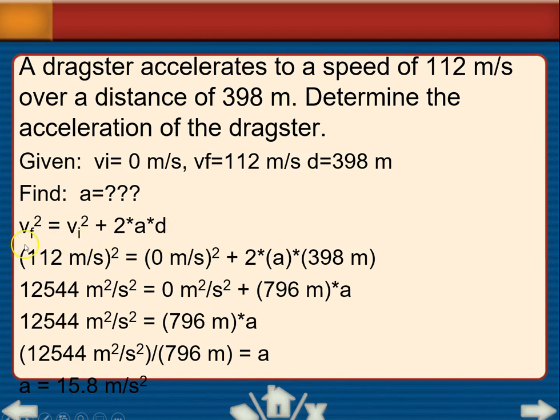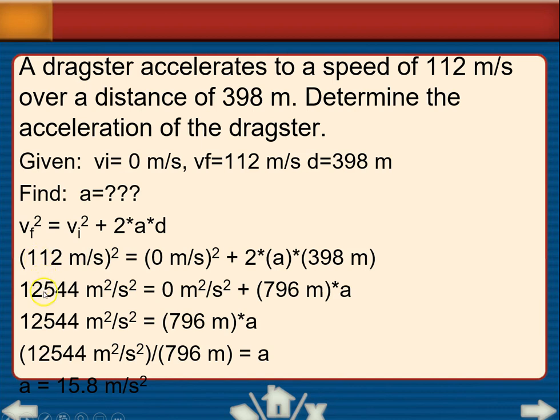All right, so V final squared is V initial squared plus 2ad. Because we have V final, we have V initial, we have d, we've got to solve for a. So V final, 112 meters per second, we've got to square that. V initial starts from rest, 0. 2, a we don't know, and we know d is 398 meters.